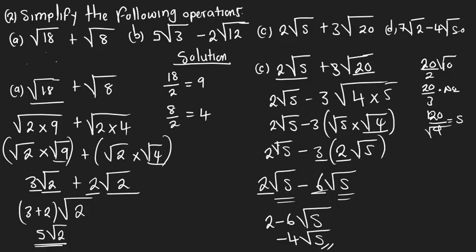But I also have the same question. Now we have plus 3, then all of a sudden it's negative 3. What we had was 2 the square root of 5 plus 3 the square root of 20. Then when you started answering, you've written 2 the square root of 5 minus 3 the square root of 4 times 5.